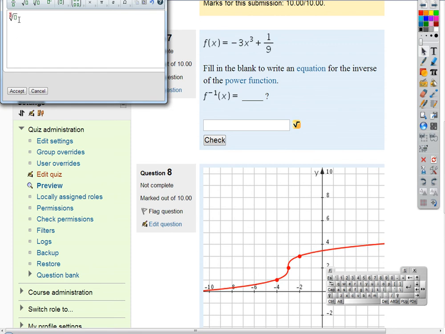And then we had cube root of -1/3 times... you've got to make sure you're still under the radical there. What was it? x minus 1/9. Okay.